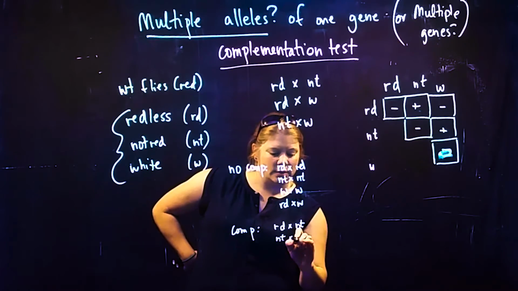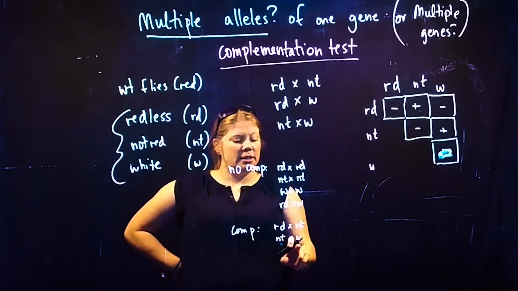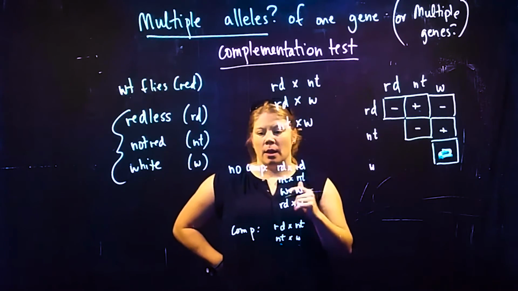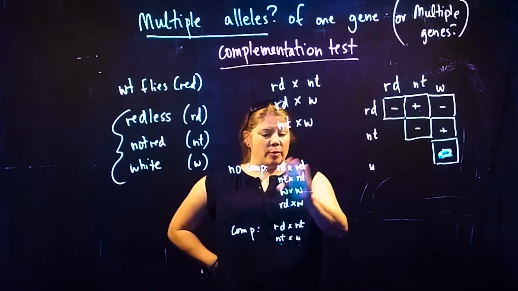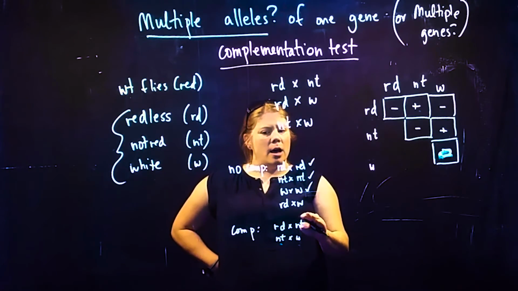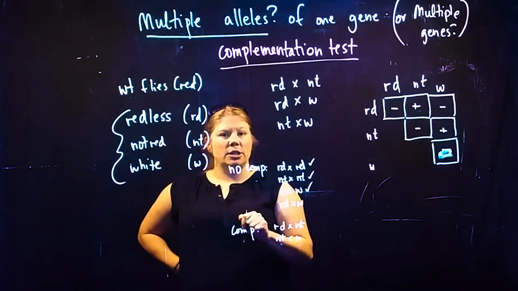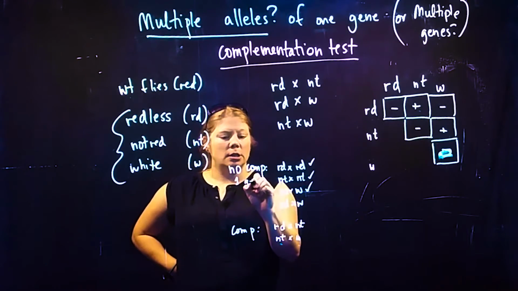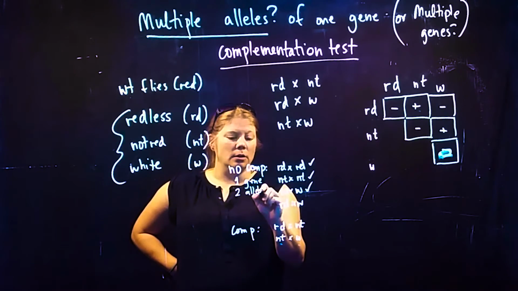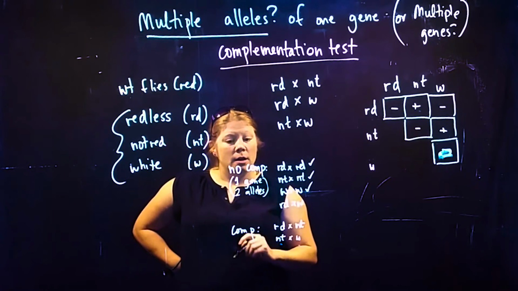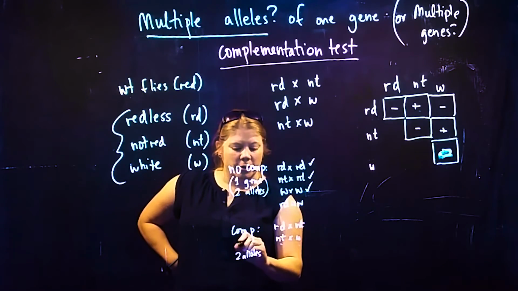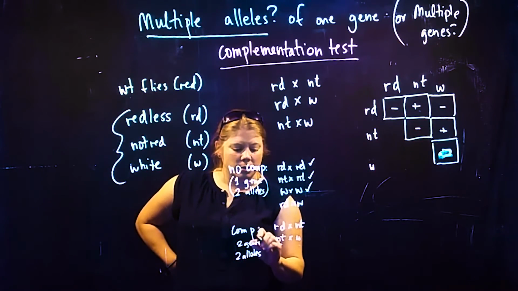So when we cross flies with the not red phenotype times the white phenotype, they have different names and we do have complementation. Remember that no complementation means one gene with two different alleles. Complementation, then, means we have two mutations, but they're in two different genes.